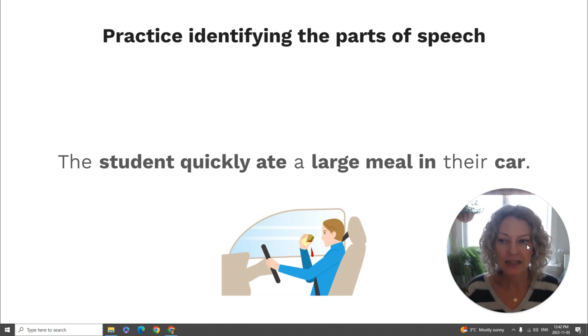So here's the sentence. The student quickly ate a large meal in their car. So remember what I said, that the verb is the most important part of the sentence. So try to think, which word is the verb? A verb is an action or a state. So which of these words here is an action or a state?